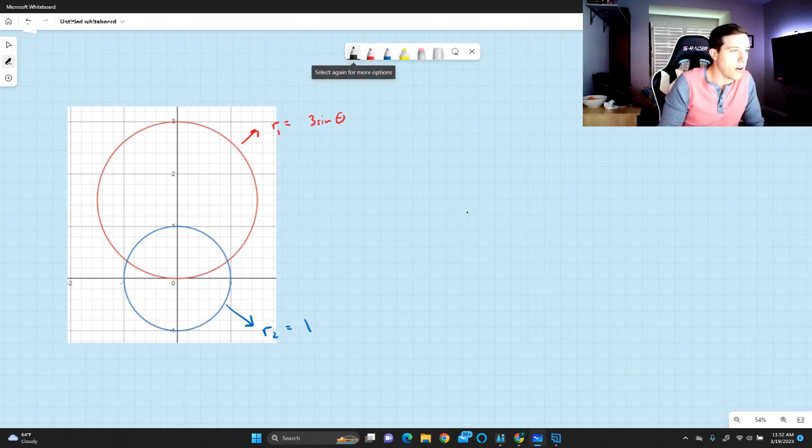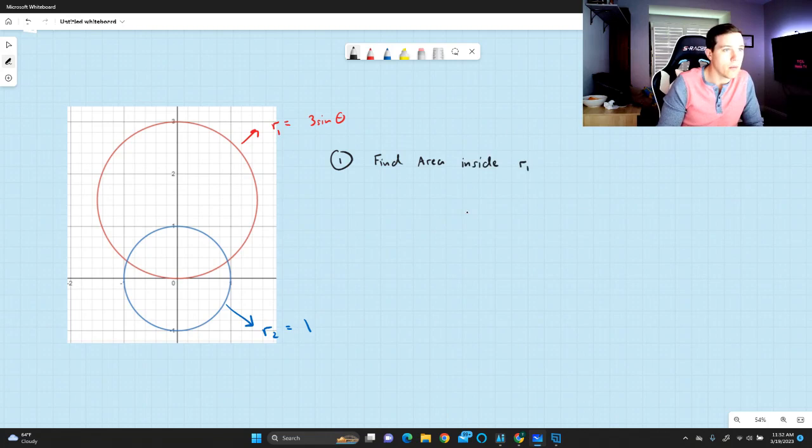Let's find the area. So part 1, I want to find the area inside r1, but outside r2. What does that mean? Here's what it means. It's this area inside of the red, but not including the area inside the blue.